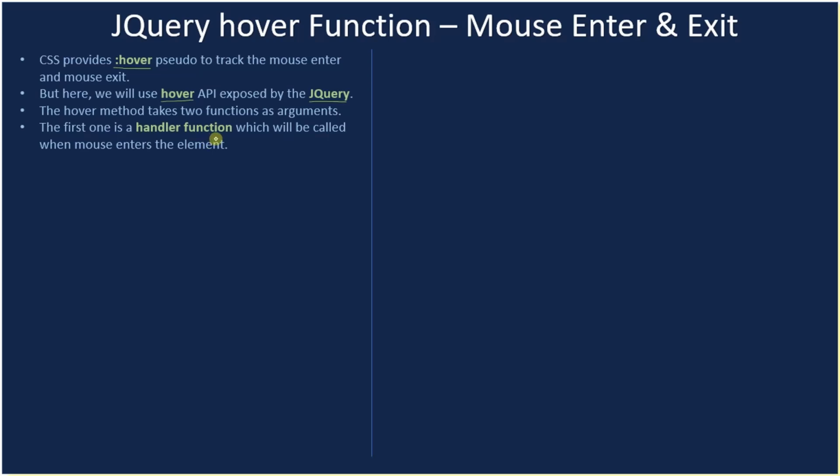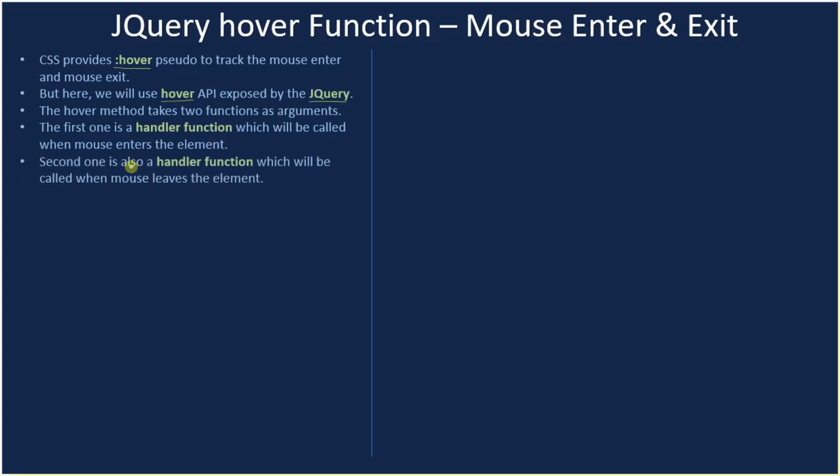Then on the filtered element you can make a call to hover. And when you make the call to hover, the body of the first function will get executed when the mouse enters that specific filtered element.